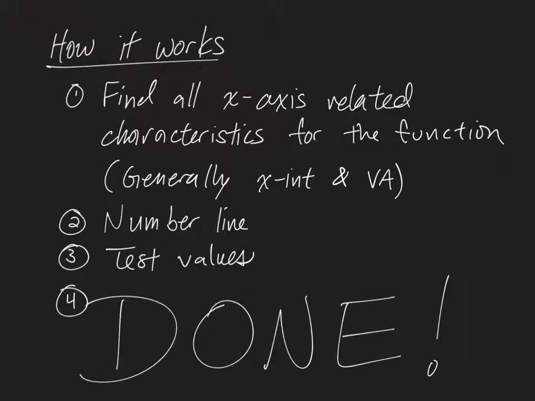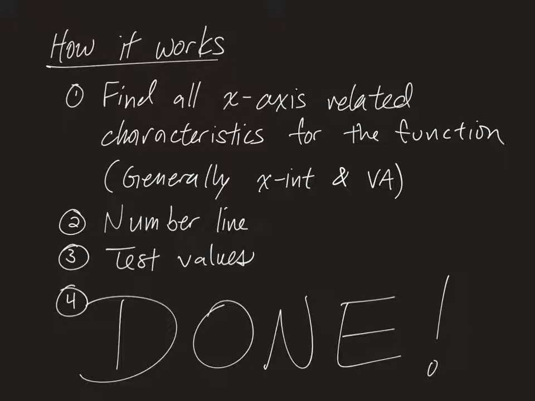The process for how polynomial and rational inequalities will work, you will first need to find all x-axis related characteristics for the function, and that generally just means x-intercepts and vertical asymptotes. Then you will make a number line and put those x-intercept and vertical asymptote values on the number line with labels, and you'll see why you need to do that when we get to some examples.